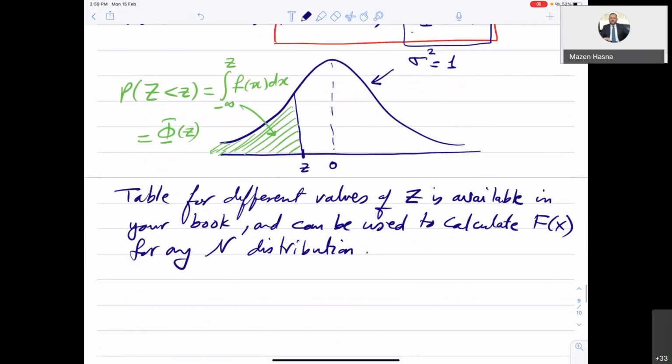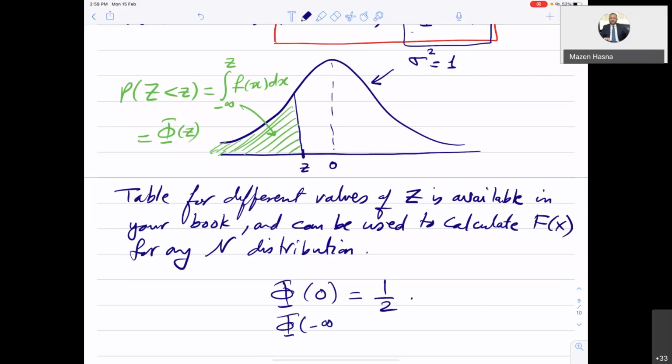So if I ask you, what is phi of 0? The area from minus infinity till 0. Which is what? You should know it. Half. 1/2, right? Why 1/2? Because the whole area is 1, and normal is centered at 0 and symmetric, so this is 1/2.